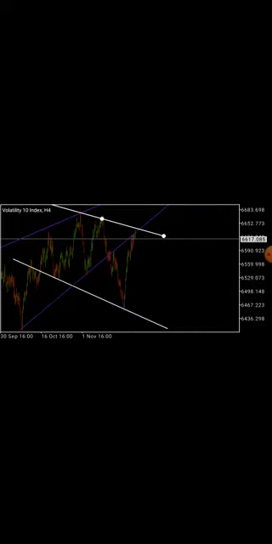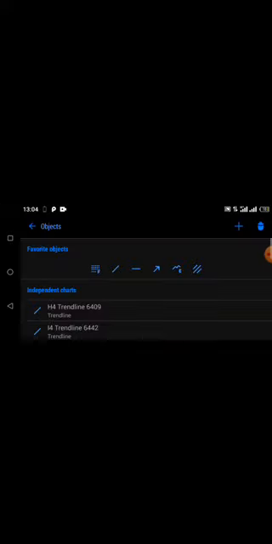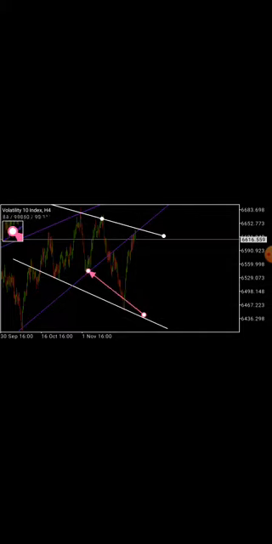Let's go back and see another one which was tradable. Another one which was tradable is here. Something happened there, so let us check if we can trade it, if we know the pattern that is being formed here.